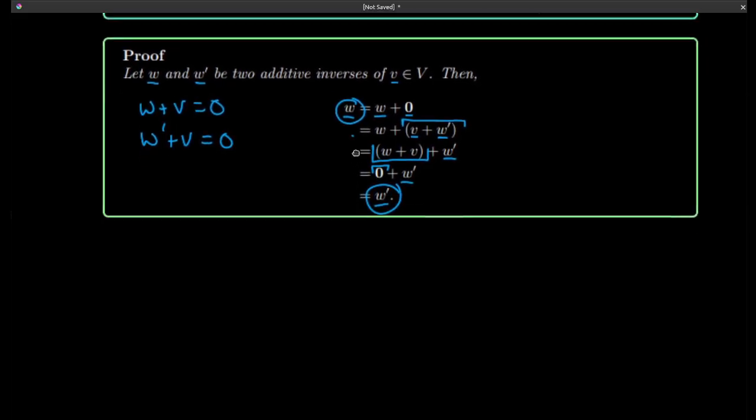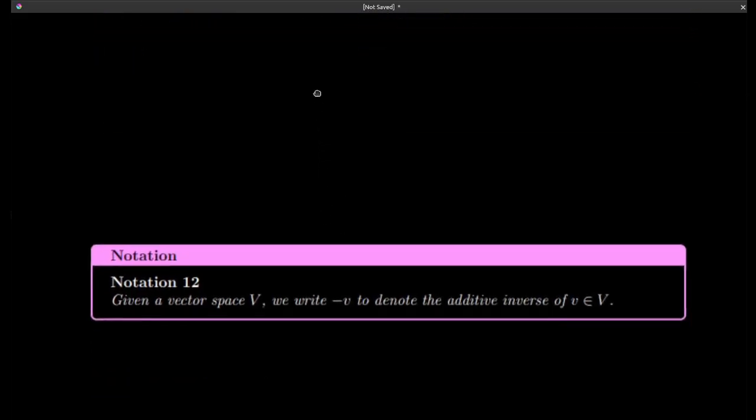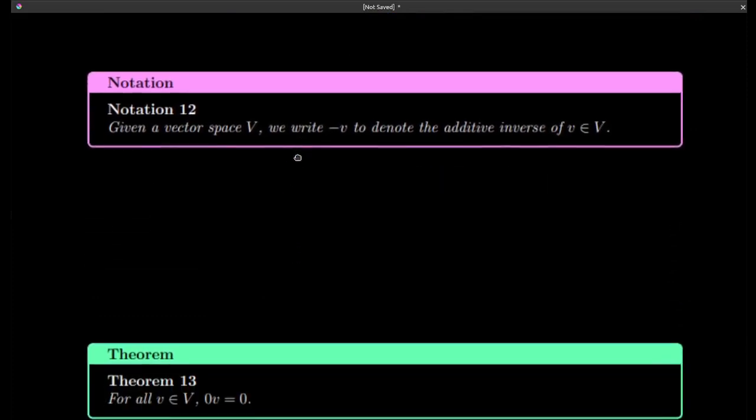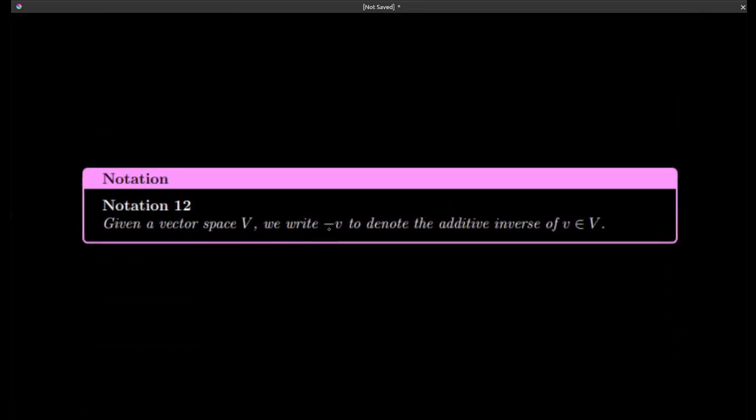Hopefully not too bad. Let's see if we can go a little bit further. Given a vector space V, we're going to write minus V to denote the additive inverse of V. We've said this before, but I'm just trying to remind everybody that so far we are still using this as a purely notational matter.